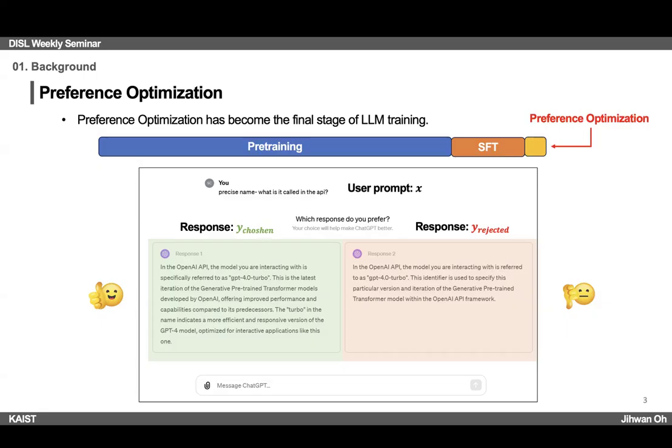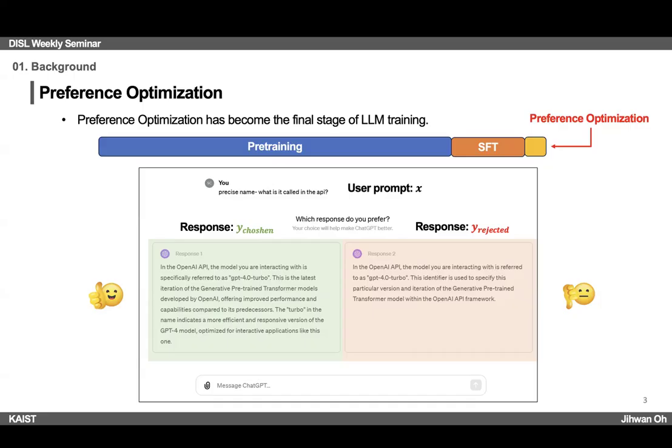First, pre-training refers to training a language model on a massive unlabeled corpus to learn general language patterns. It is typically done in an unsupervised manner, and it requires a lot of training cost. Next, supervised fine-tuning, SFT, takes the pre-trained model and refines it on a labeled dataset, typically with task-specific or instruction-based supervision.